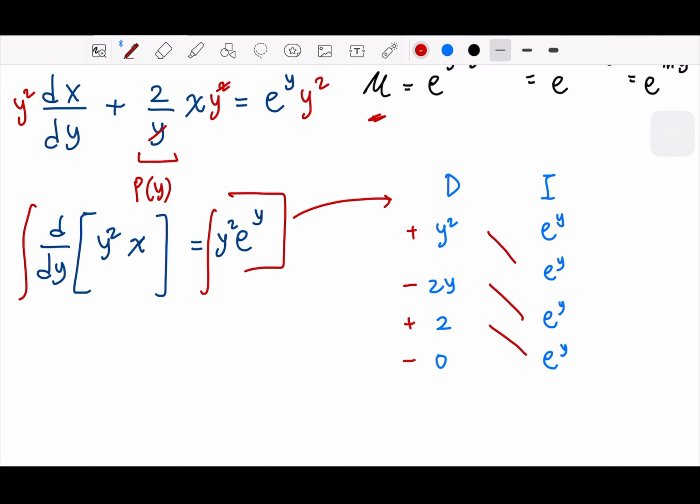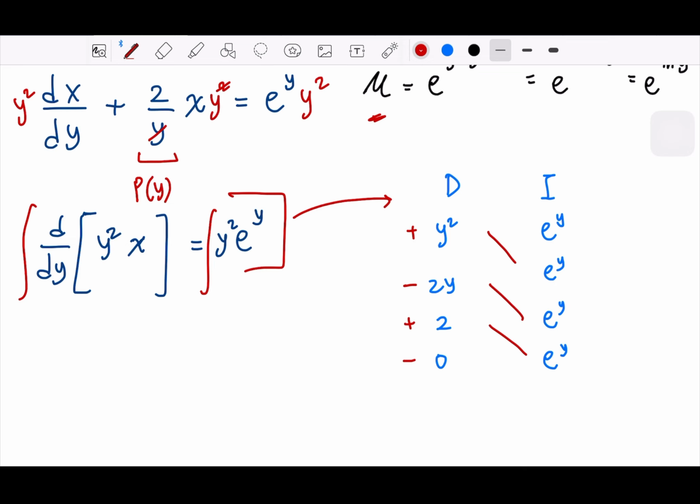So this is the column to differentiate, and this is the one to integrate. This will be the one that we differentiate until 0, so we stop here. And this is the one that we integrate because it's e, so it's all e to the y. There is no chain rule here, so it's still the same.